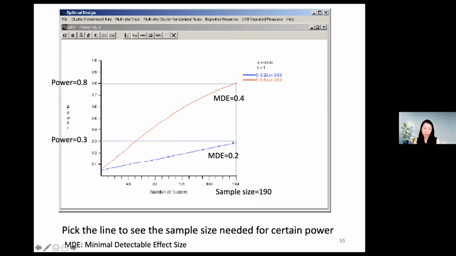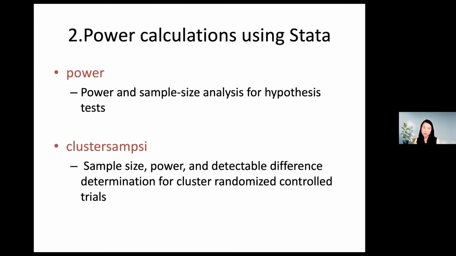For example, if we stop here, it tells you that with an effect size of 0.02 standard deviation and a sample size of 190 students or clusters, you get only 0.3 power. But if you have a bigger effect size, for example moving from 0.2 to 0.4, then your power will be sufficient. So the OD software gives you a more visualized result.